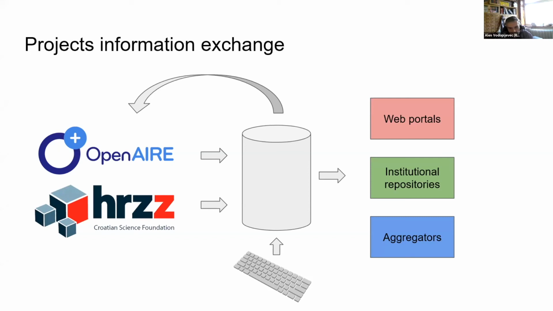And it has to be said that besides this importing of projects and automatic exchange, there is also administration. There's also manual input and the administration of all the records that are in the database. So there is also the added value for all of this.